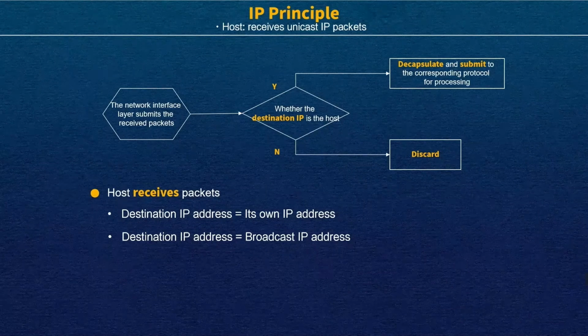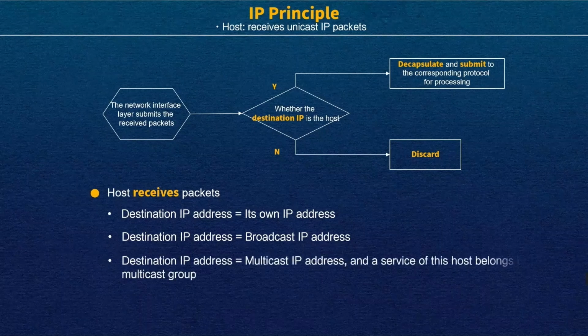You have to receive it. The third one, the destination IP address is a multicast IP address, and you belong to this multicast group. You are also a member of the group, so you also have to check. Except for these three scenarios, when we receive the packets, I will directly discard. Okay? So this is how the host receives the information.